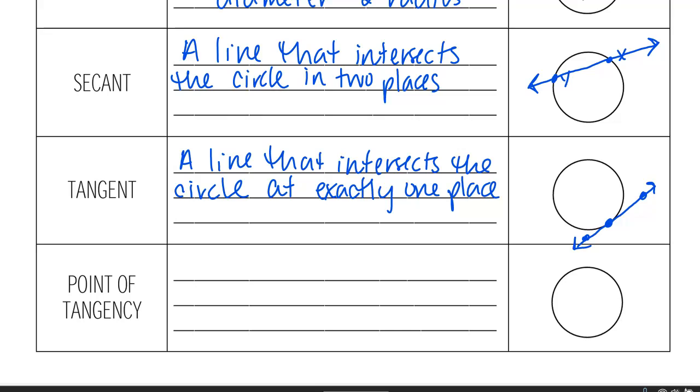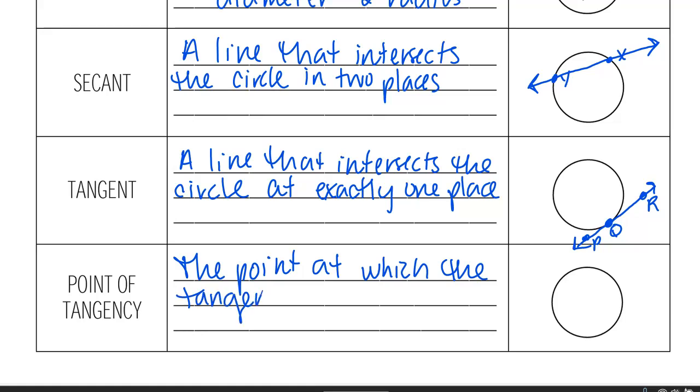And again, it's a line, so we'll say that's Q, R, and we'll call that P. Then we have a point of tangency, which is the point at which the tangent line intersects. On our picture, this would be that point Q. That is our point of tangency.